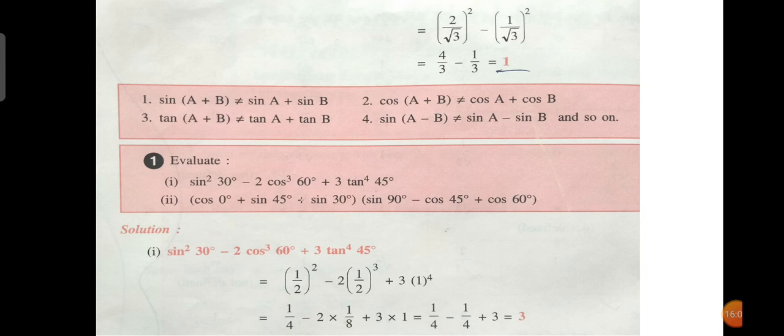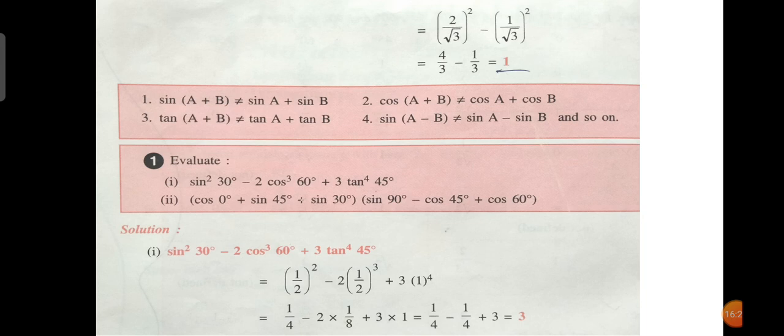Next, you know what the commutative property is. Like that, some properties of addition and subtraction are not applicable to trigonometric ratios. That is, sine of A plus B is not equal to sine A plus sine B. You will study the correct equation in your upcoming classes.